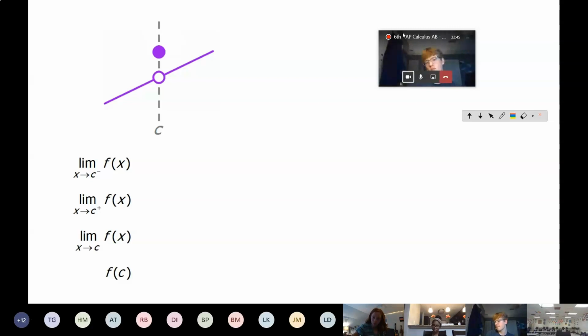We have this x value of c, and I want to talk about the limit from the left, the right, the limit overall, and the value. Since there's no numbers, you can't find them exactly, but I just want you to think to yourself whether it exists or whether it doesn't exist based off of what you see. So take a moment just to think, does it exist or not?